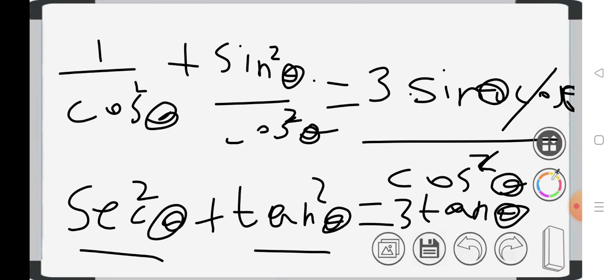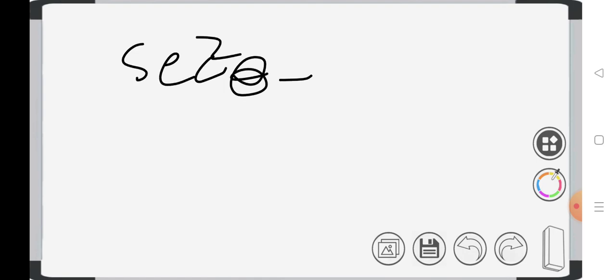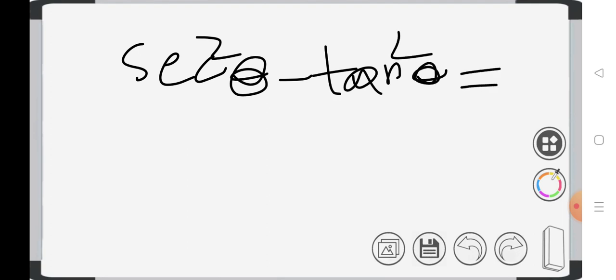So now what I need to do? Here secant square theta plus tan square theta is equal to 3 tan theta. So here I will change secant square theta by identity as 1 plus tan square theta. I think you all know this one. Secant square theta minus tan square theta is equal to 1.